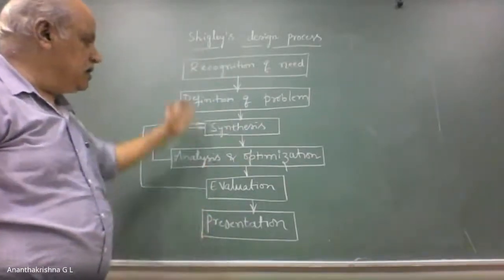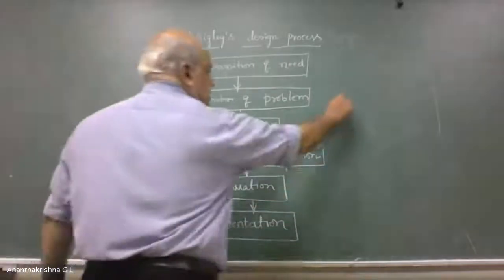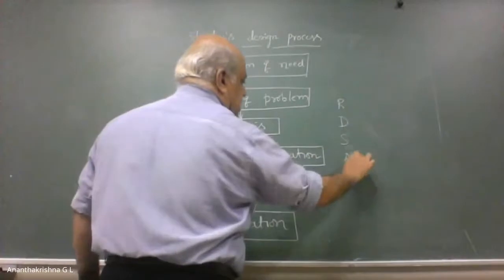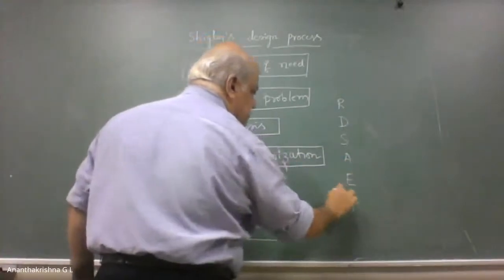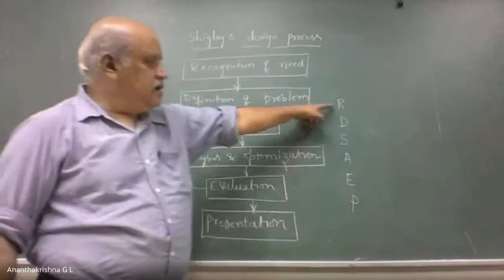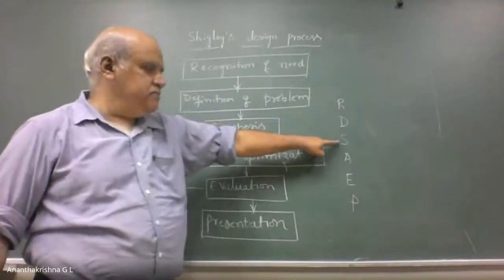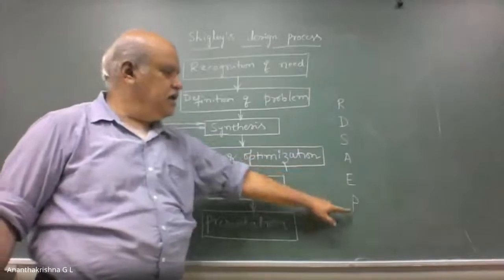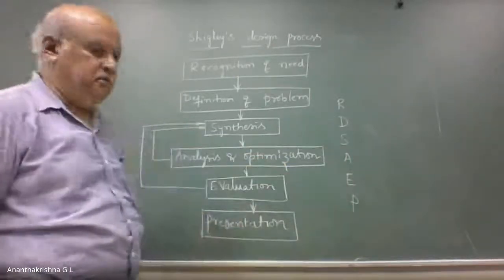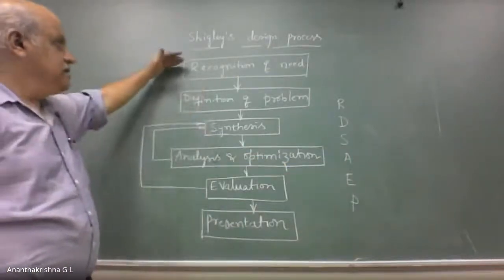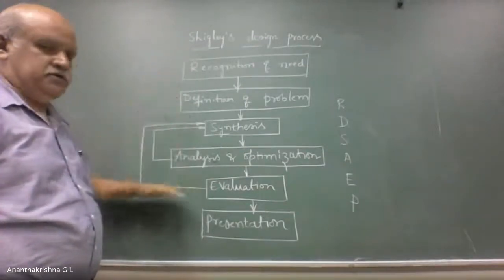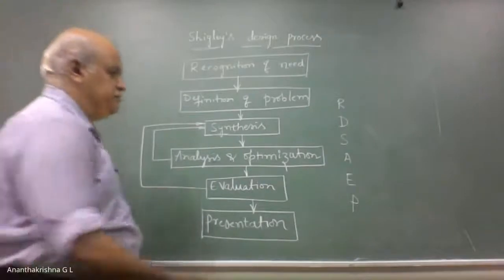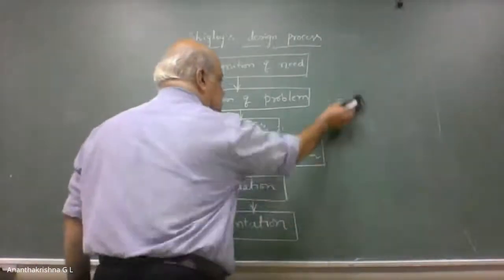You can remember this by taking the first letters RDS, A, E, and P. That is recognition of need, definition of problem, synthesis, analysis and optimization, evaluation, and presentation. That way you can remember easily the steps involved in the design process, as provided by Shigley. Please note down.